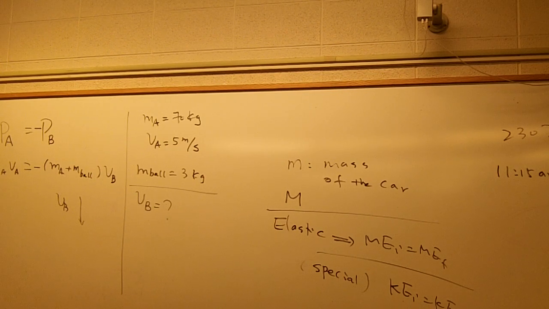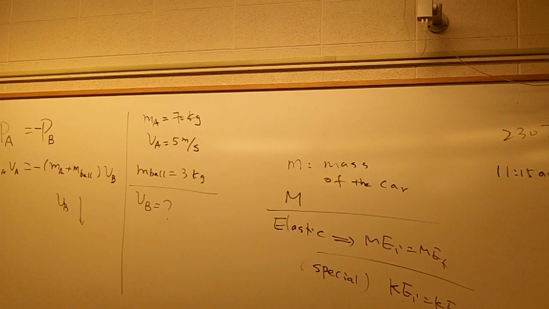Any help needed? Yes, 73. Put parentheses there, parentheses and V_B. That's V sub B. So you have 73 V_B.